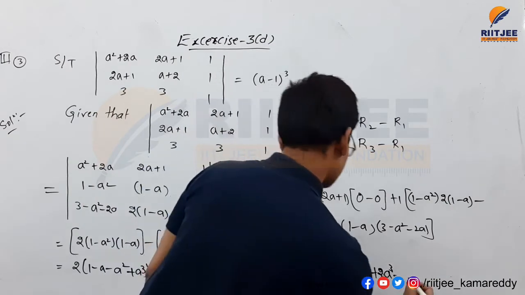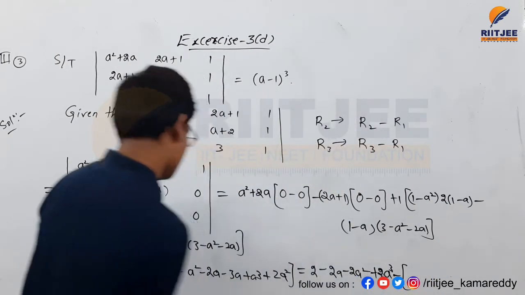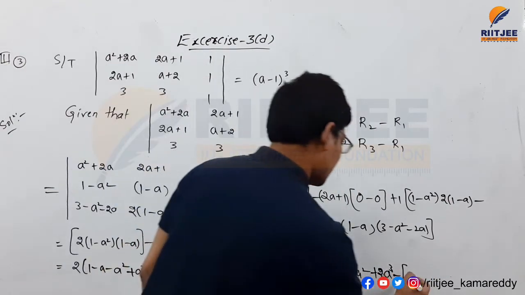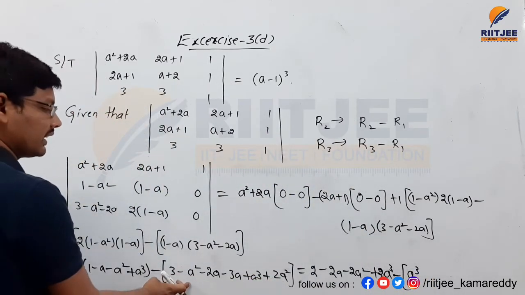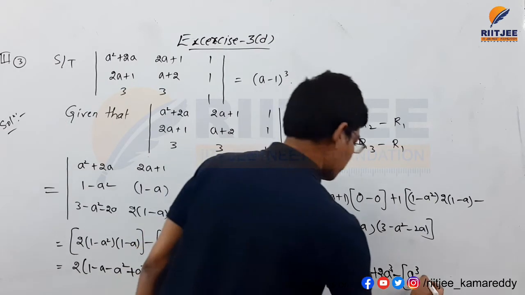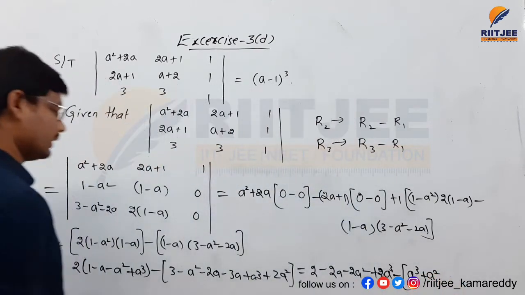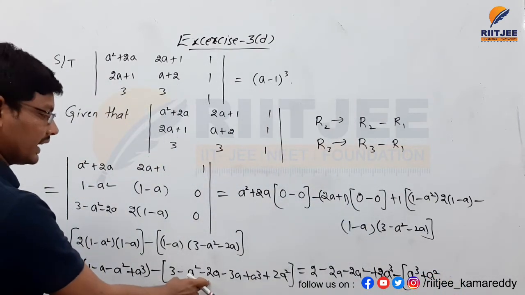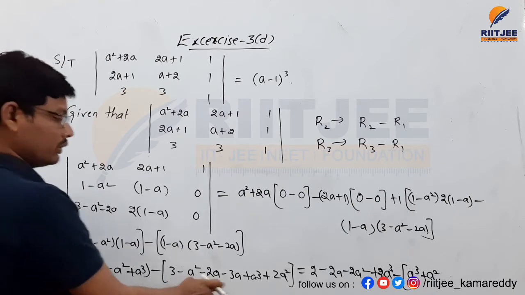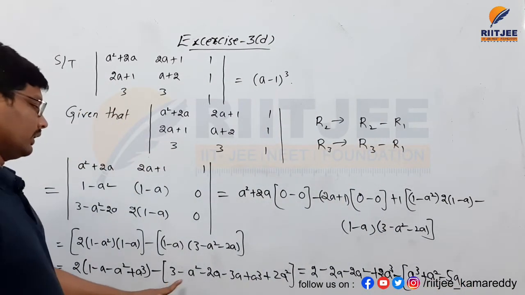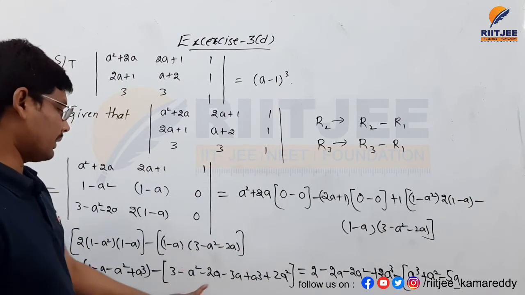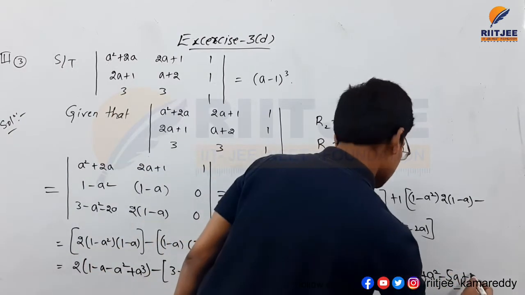And now minus of a cube, I am writing first a cube, and plus 2a square minus a square, that is nothing but minus a plus a square here, and minus 3a minus 3a minus 2a minus 3 minus 5a and 3, and only number 3 is there, so I am plus 3 here.